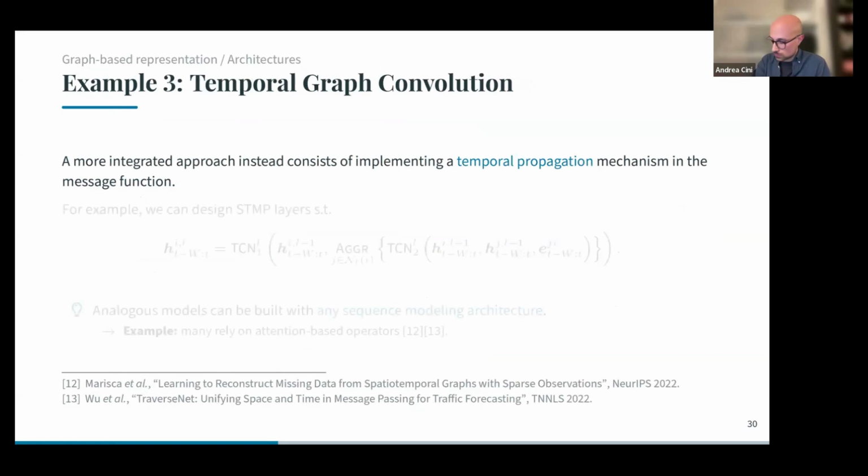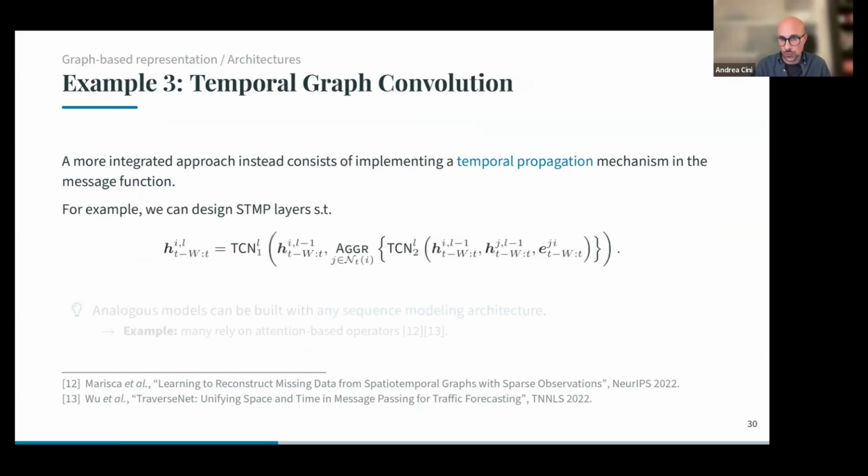The third example of a time and space model is those models that use sequence modeling operators to compute messages. Here, this is a simple example where the messages are computed by using a TCN again. In this case, what you will be doing is just concatenating the time series, so the sequence of observations at the two neighboring nodes, and then applying a convolutional filter on the resulting sequence.